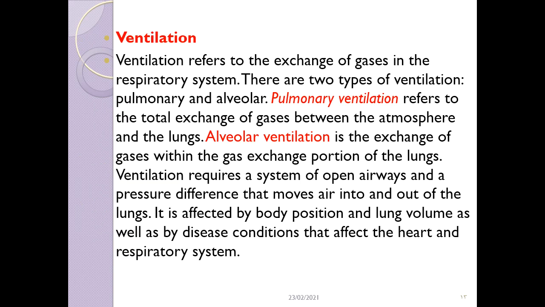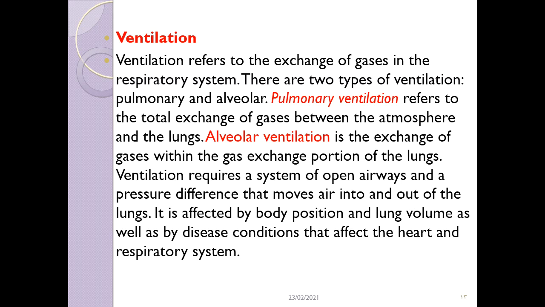What is ventilation? Ventilation refers to the exchange of gases in the respiratory system. There are 2 types of ventilation: pulmonary ventilation and alveolar ventilation. Pulmonary ventilation refers to the total exchange of gases between the atmosphere and the lung.